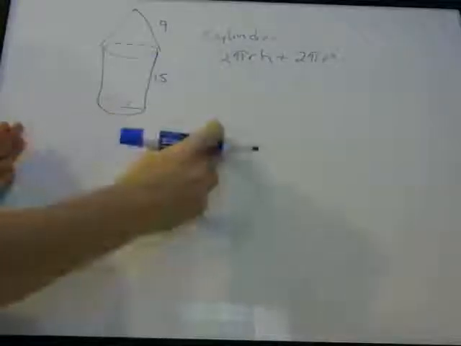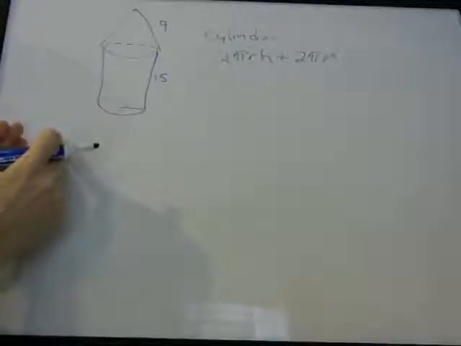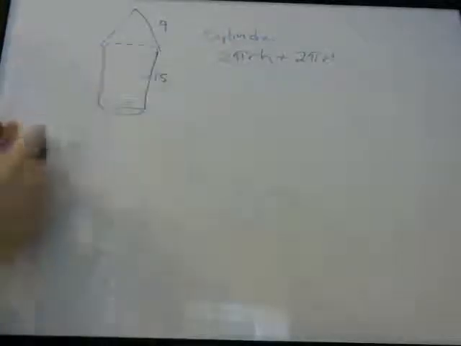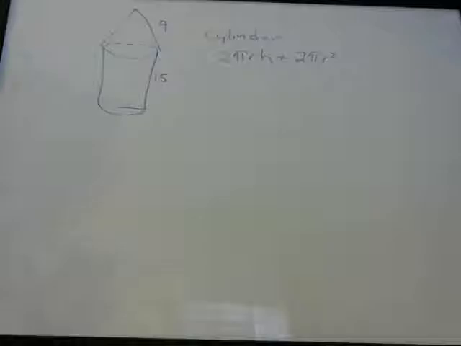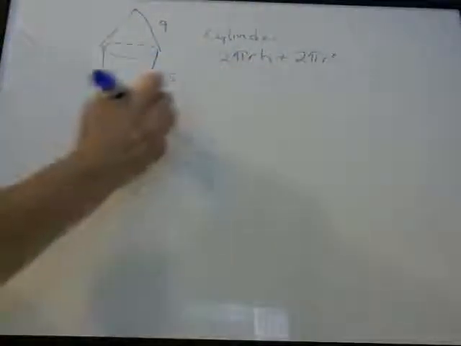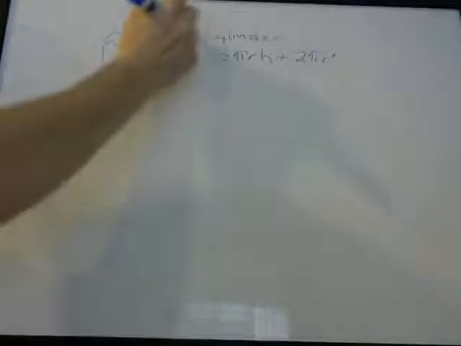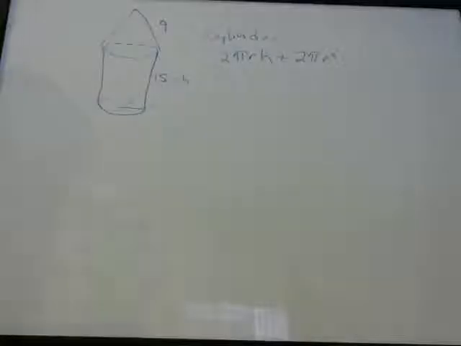So to find the length of the rectangle, that's 2 pi r, that's the perimeter, times the height. So it's really just like doing a rectangle. But anyway, that's the outer part of it, 2 pi r(h), height. So again, this is the radius, this is the height, and we'll get to that.